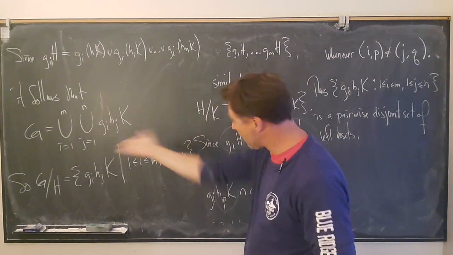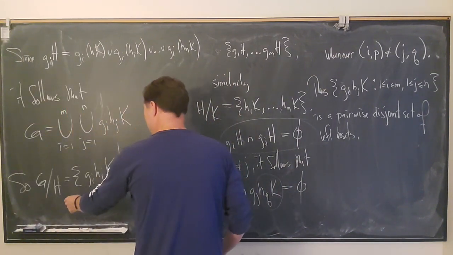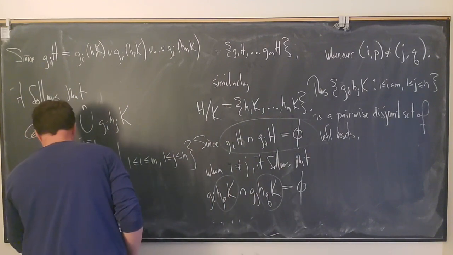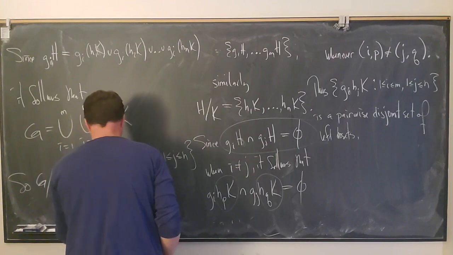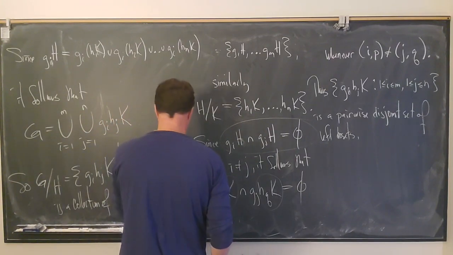How many of them are there? There are m times n of them. So this is a collection of mn cosets, and that's exactly what we needed.